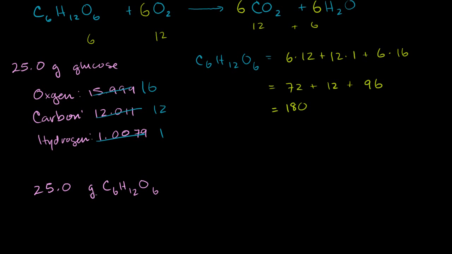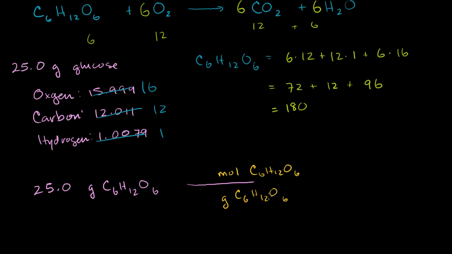So we want to cancel out the grams. So we want the grams in the denominator. Here it's in the numerator. If we divide by that unit, we're going to cancel it out. So we want the grams of C6H12O6, or the grams of glucose, in the denominator, and we want the moles of glucose in the numerator.